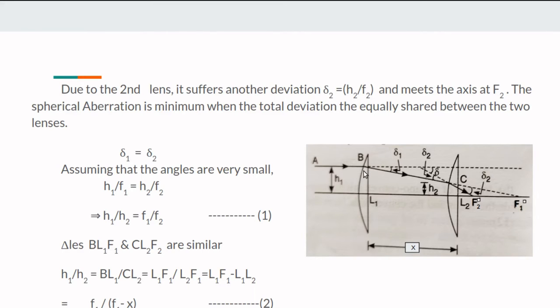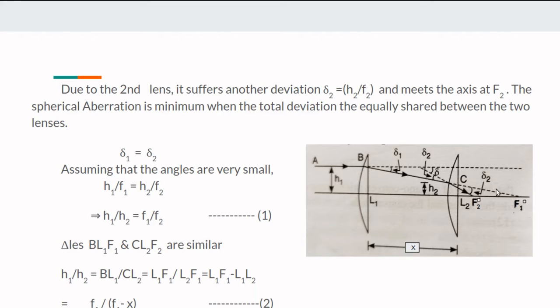Due to the presence of the lens, after refraction it meets the principal axis at the point called focus F1. Therefore, L1F1 is the focal length of the first lens L1.